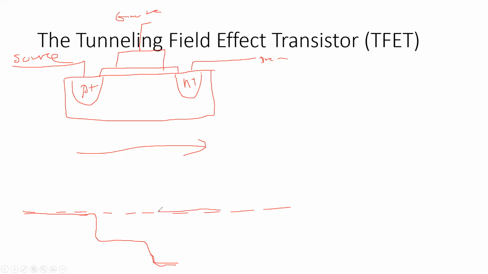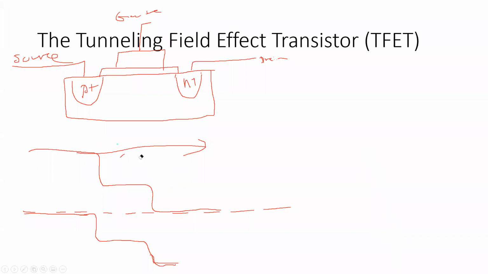There's the intrinsic region, then gradual, and then sharp. So you get this kind of staircase. The scale is maybe a little bit stretched vertically, but you get the idea, right?